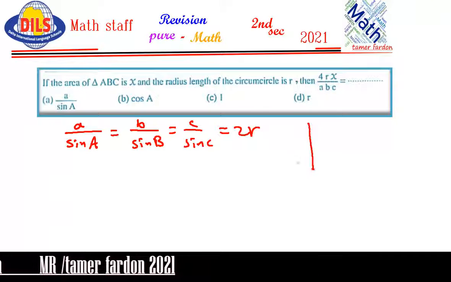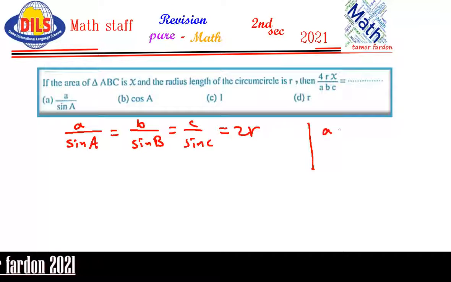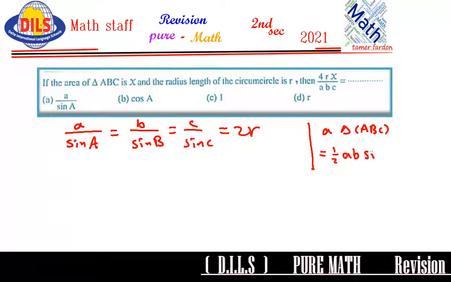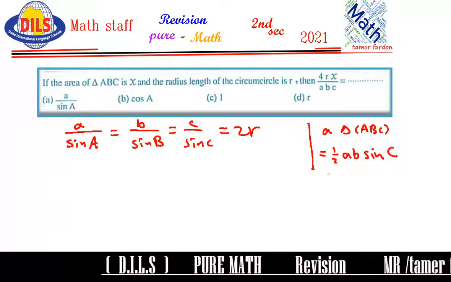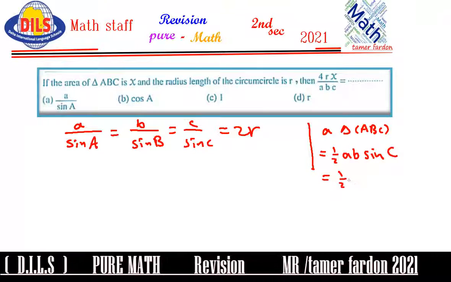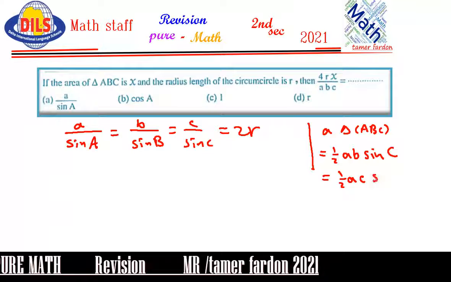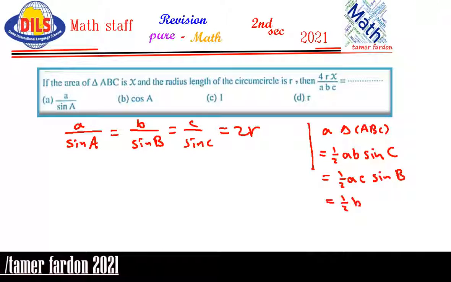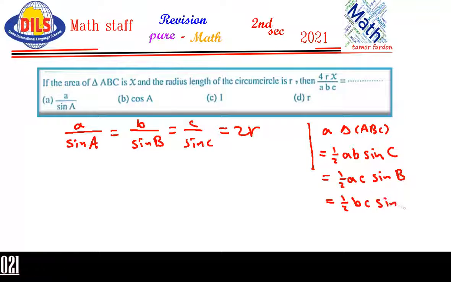Also, the area of triangle ABC equals half times a times b sine angle C, also equals half times a times c sine B, also equals half times b times c sine A.